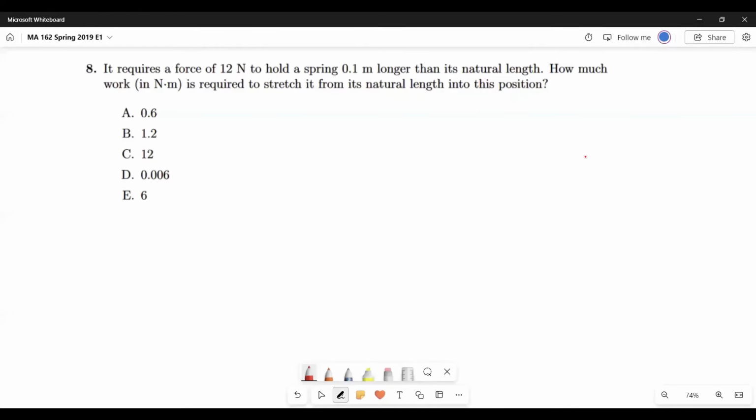Okay, so this question asks how much work is required to stretch it from its natural length into its displacement. So when you want to find the work, it's force times distance, and integral. We want to find the force equation first, right?